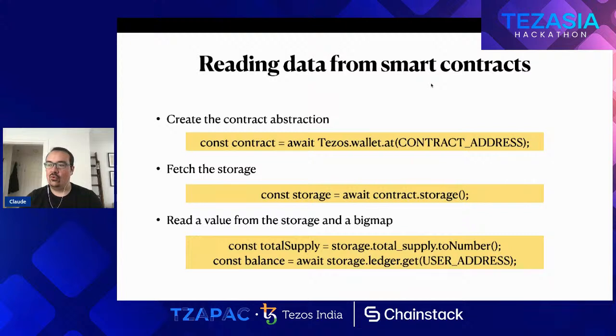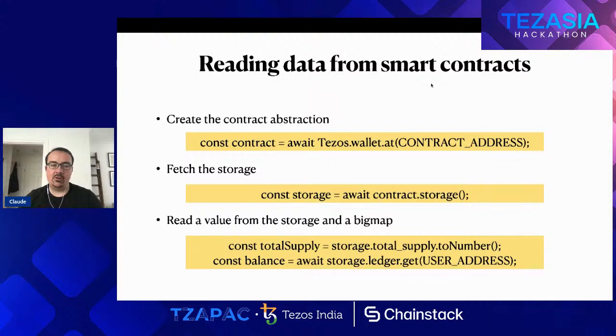If you're developing in the front end, there's going to be a property called wallet, and that property has a method called at, and you pass the address of the contract that you want to interact with. And now in the contract variable, you have everything you need to read data from the contract and to interact with the contract. There's no other step, that's it, just one line of code.